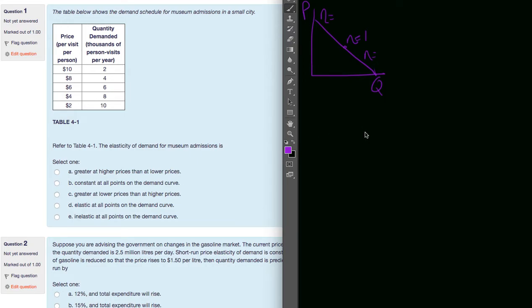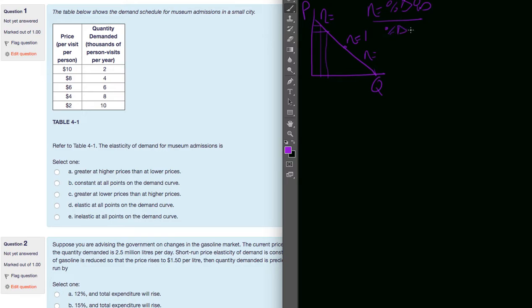But the other way to do it is always to put things into perspective. If I go from this point to this point over here, I notice that I've dropped the price by roughly 15% and I've doubled my output. To calculate price elasticity of demand, it's my percentage change in quantity over my percentage change in price.